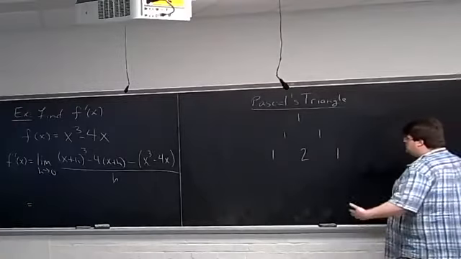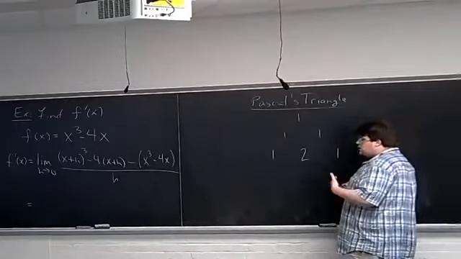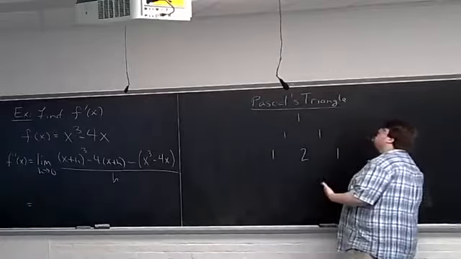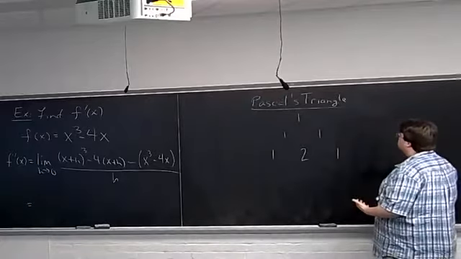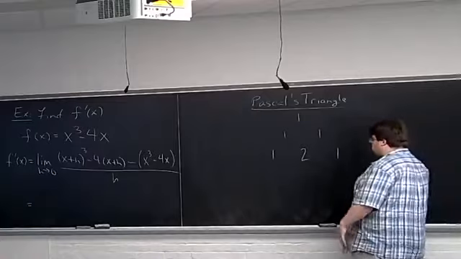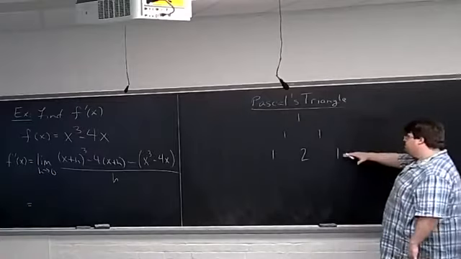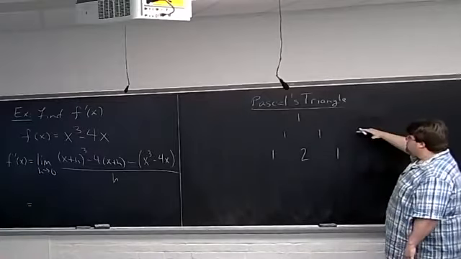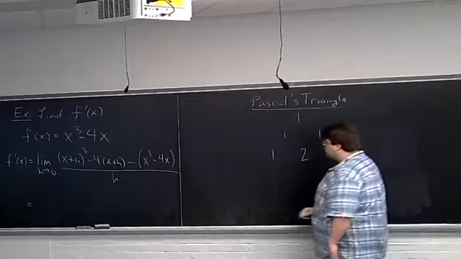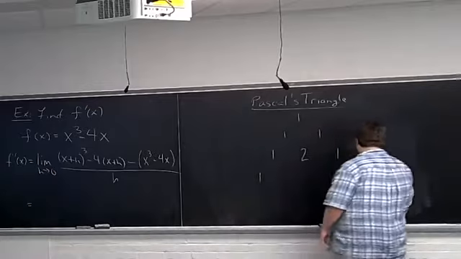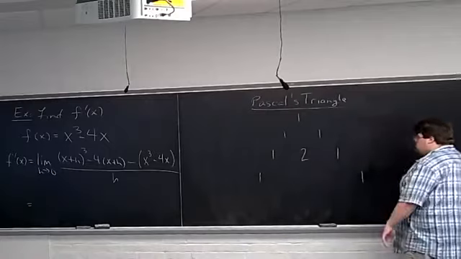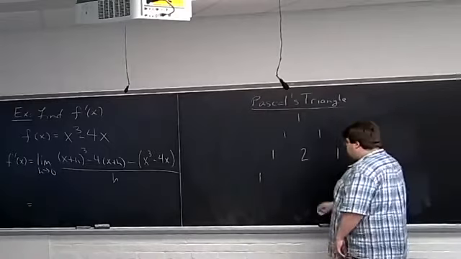Now, the next row is where the pattern really starts to take form. 1 element, 2 elements, 3 elements, the next one with 4. It's again going to start and end with a 1, but we need 2 more elements. And how do we find them?